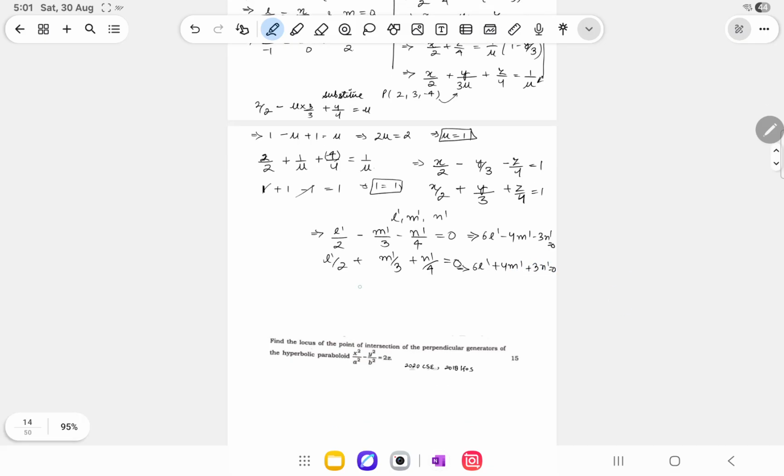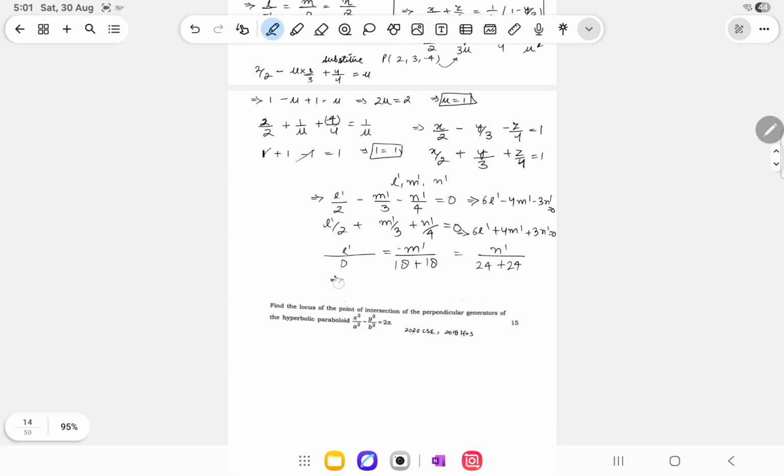So I can solve these two equations for l dash, m dash and n dash using cross multiplication. That gives minus 12 plus 12, 0, equals minus m dash, this gives 18 plus 18, and n dash is 24 plus 24.